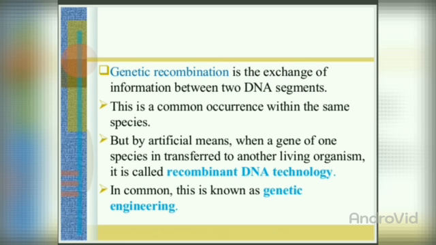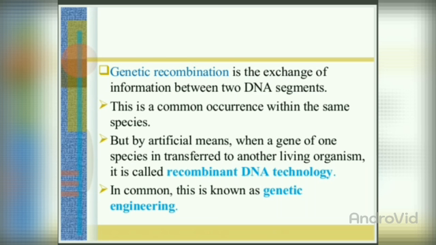Genetic recombination is the exchange of genetic information. Basically, we can say that genetic recombination is the exchange of information between two DNA segments, and this is a common occurrence within the same species. But by artificial means, when a gene of one species is transferred to another living organism, it is called recombinant DNA technology.